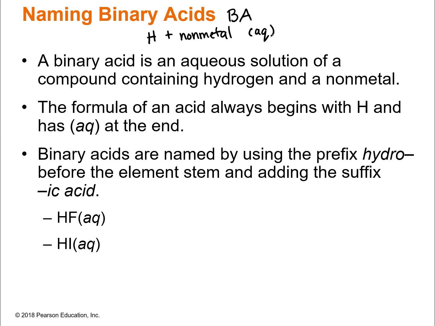The formula for a binary acid will always start with that hydrogen and have AQ in parentheses at the end. When you're naming this compound, you use the prefix hydro. That's for hydrogen. Then you write the element stem, which is like the root, and you add the suffix ic and then acid. What does that mean? I've got two examples down here. We'll walk through them together.